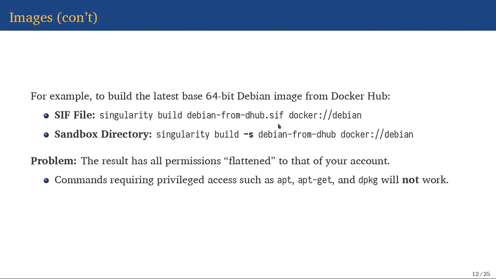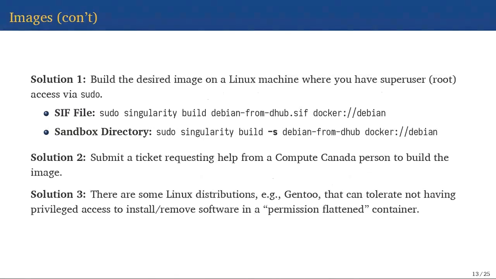The problem is that apt, which is a tool used to install software, will not work because the command will output that it requires privileged access. Okay, so what do you do? Fortunately, there is a solution.